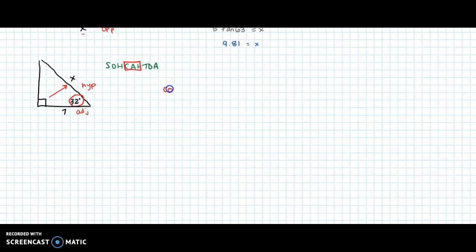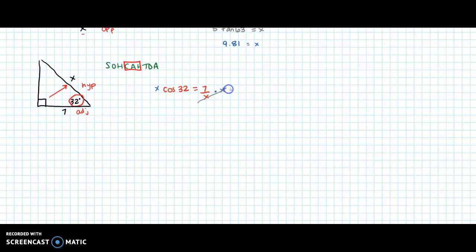So now you write cosine of 32 equals 7 over x. Now, since x is in the denominator this time, you have to do a little bit of extra thinking. Usually, I multiply to get rid of the fraction.